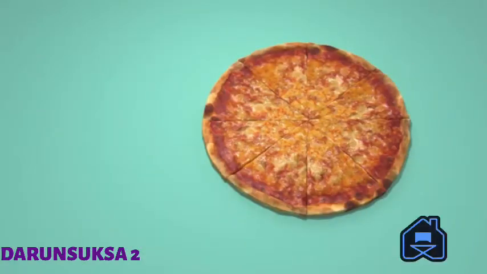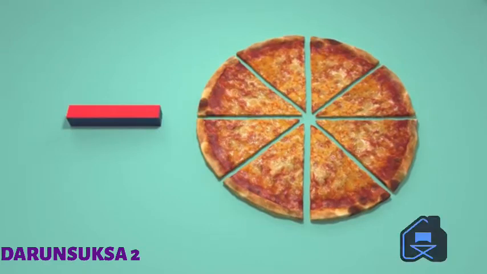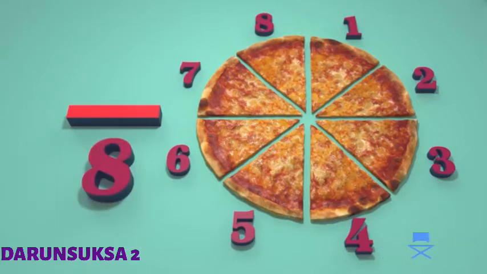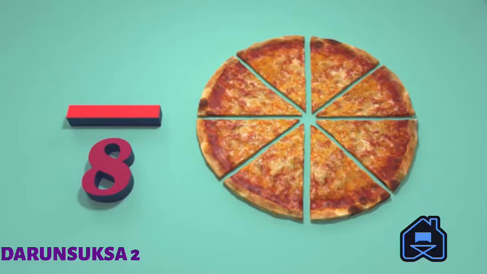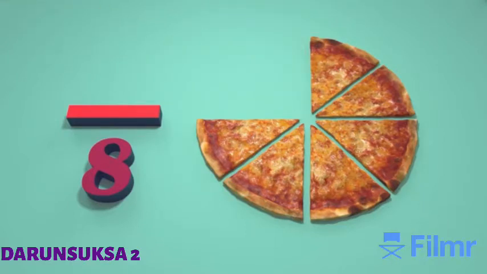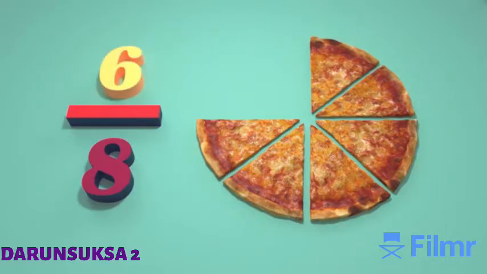If you take a whole pizza and cut it up into equal slices, then the number of slices goes under the line. And then your friend comes along and eats up 2 slices, and that leaves you with 6. That goes on top and we're left with 6/8 of a pizza.